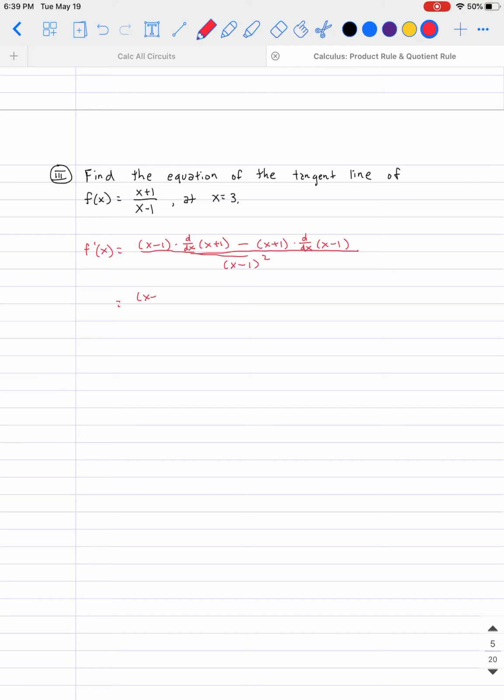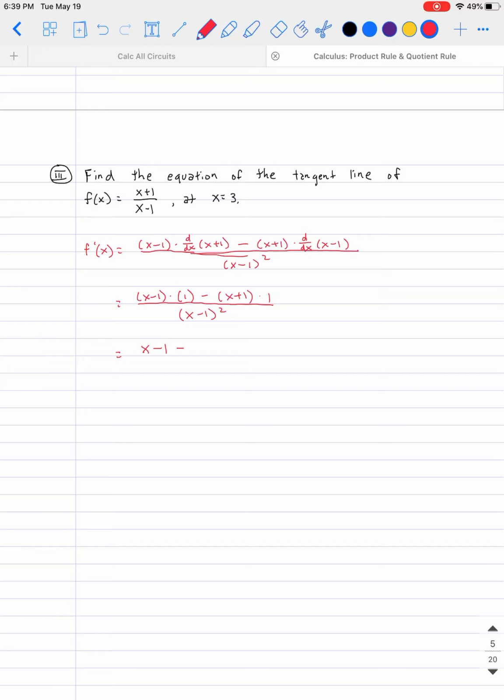So cleaning that up. So let's see, x minus 1, that's just x minus 1. The derivative of x plus 1, that's really just equal to 1. Minus x plus 1 multiplied by the derivative of x minus 1, that's also equal to 1. All divided by x minus 1 quantity squared. So keep trimming it a little bit more.